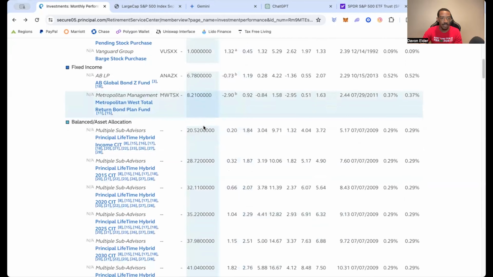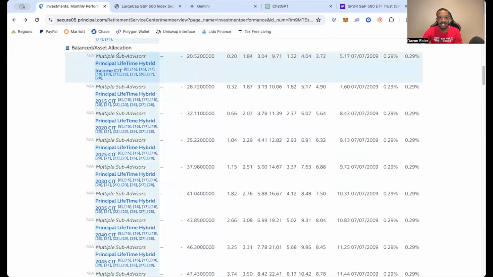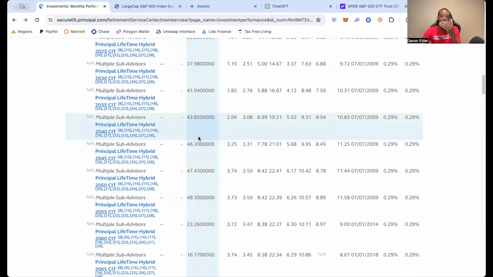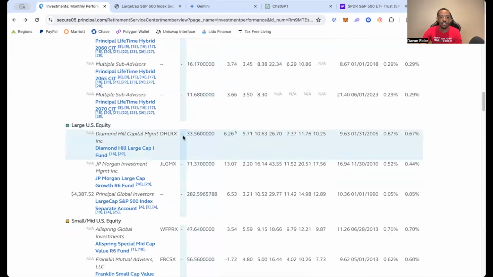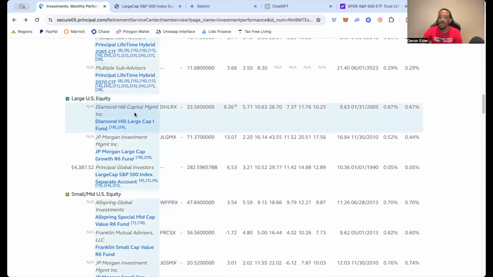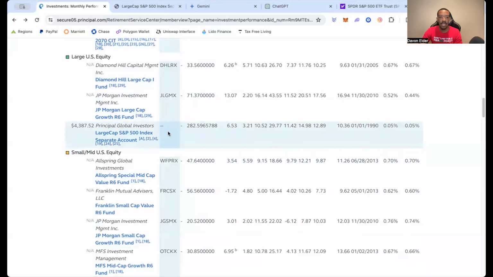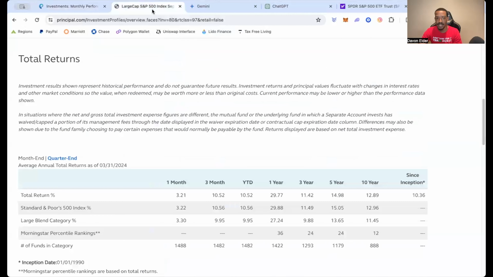We've got short-term fixed income. We've got this balanced slash asset allocation. These are your target date funds that are very popular, but I want you to scroll past those, and I want you to find your large US equity, okay? Your large US equity, and I want you to find this large cap S&P 500 index.